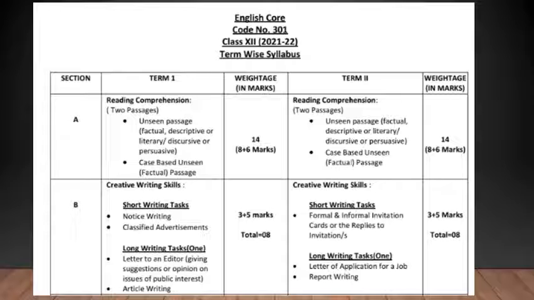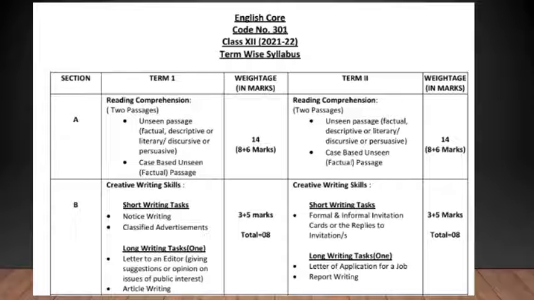The second one is creative writing skills: short writing tasks, notice writing and classified advertisements. It's going to be for 3 plus 5 marks. So the short writing task is for 3 marks, whereas the long writing task will be for 5 marks.